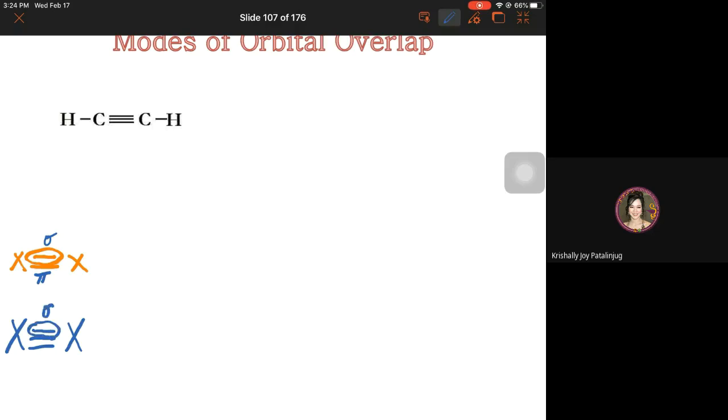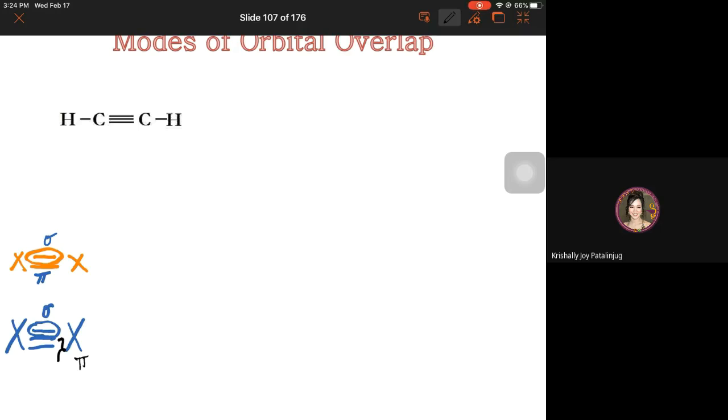Ibig sabihin na buo yung bond na yan based on the hybrid orbital, and yung overlapping na buo via end-to-end collision. Yung remaining two bonds in a triple bond is a pi bond. Ibig sabihin, those are p orbitals that overlap side by side.